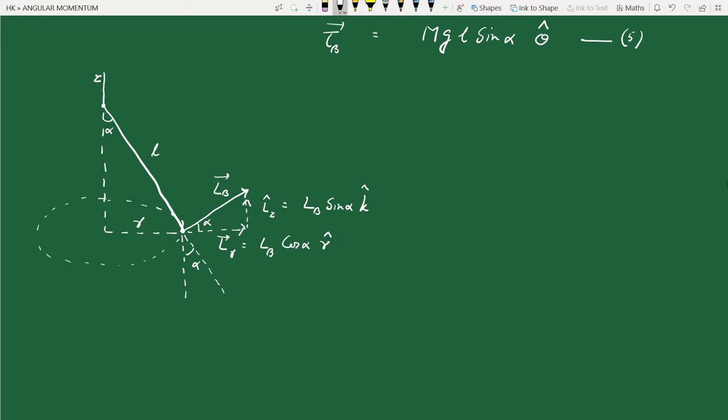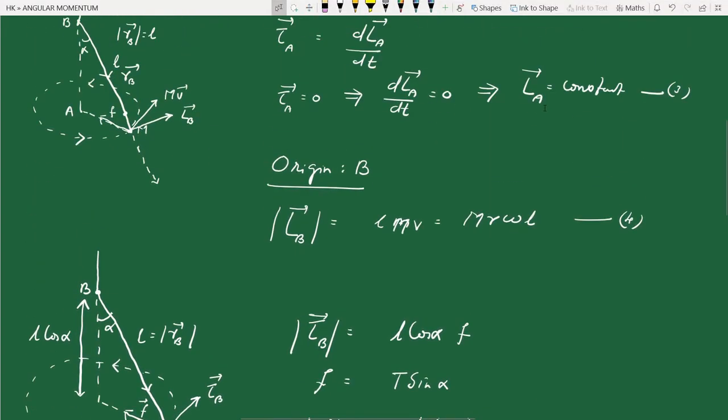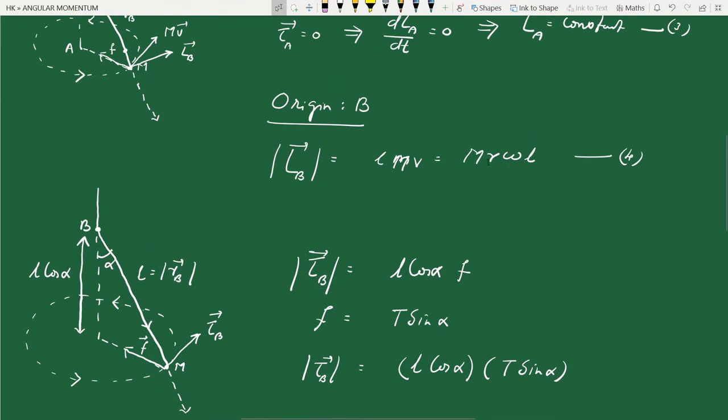Even though the magnitude of LB is constant, what is the magnitude of LB? We have calculated it in equation 4: the magnitude of LB is m r omega L. All these terms are constant, so the magnitude of LB must be constant.